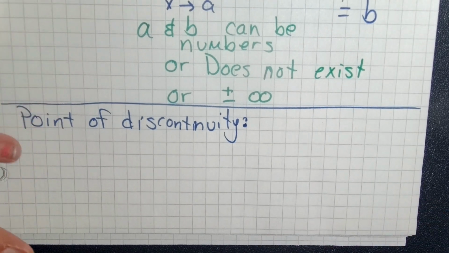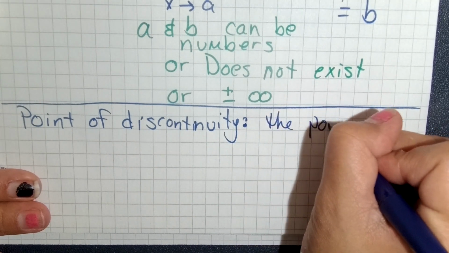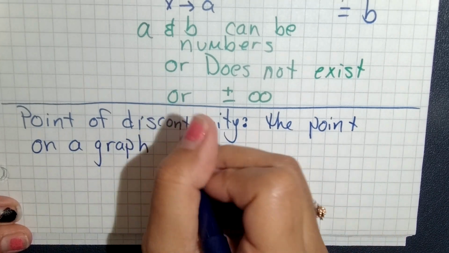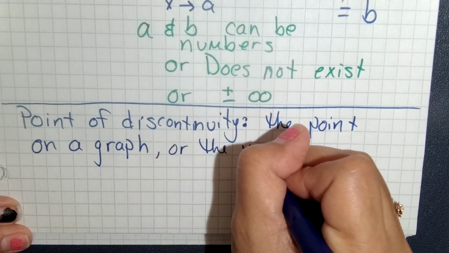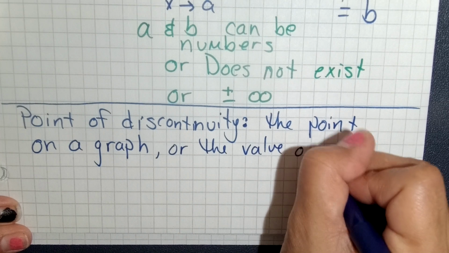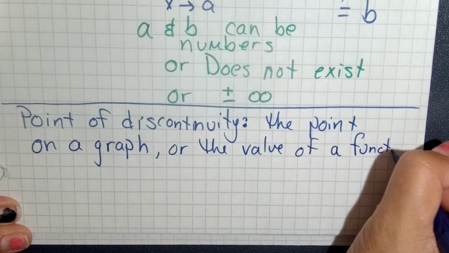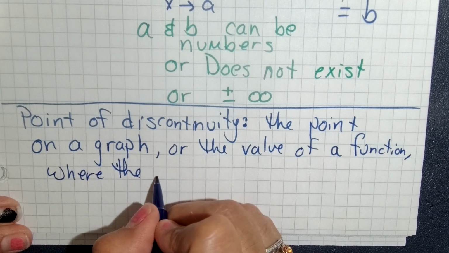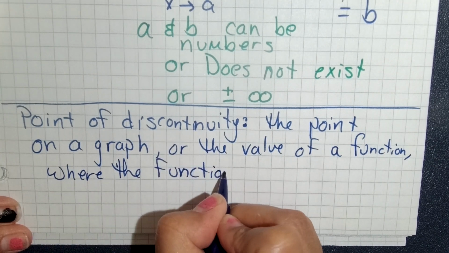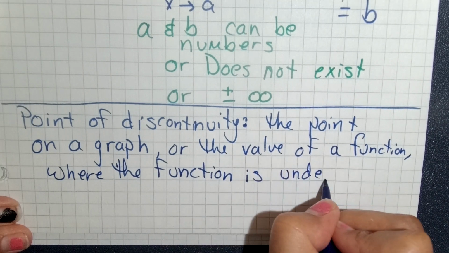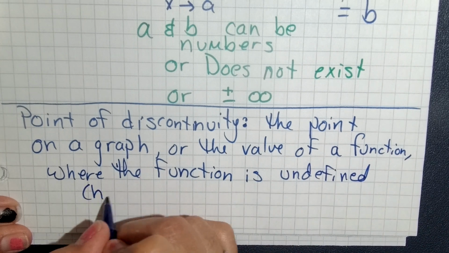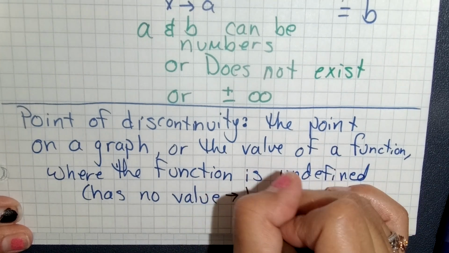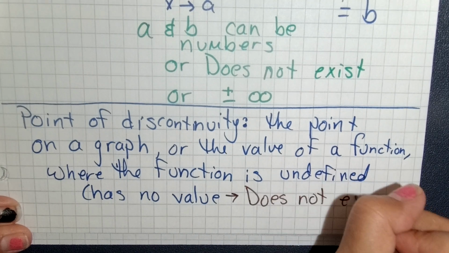The definition of a point of discontinuity is the point on a graph or the value of a function where the function is undefined, which means it has no value. And what this means is it does not exist.